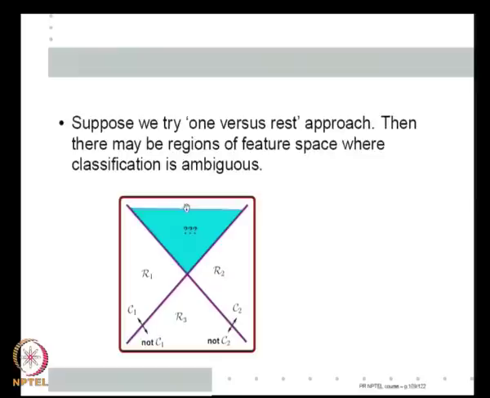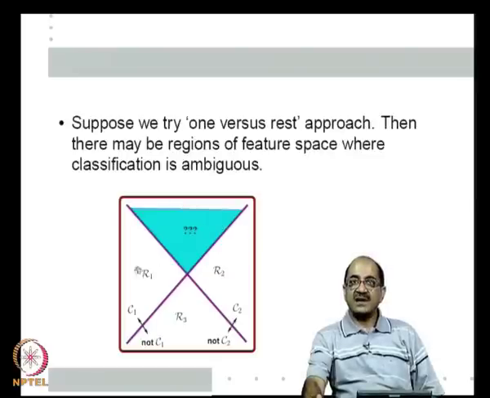But there will be a region like this where this classifier will say C1 and that classifier will say C2. Maybe my third classifier may say not C3, that is all right, but what should I do here? If I take any x here, one classifier says C1, the other says C2, and my third says not C3. That is okay, but is it C1 or C2? I have no way of knowing. So, this does not even define a proper function that maps every feature vector to a class label.